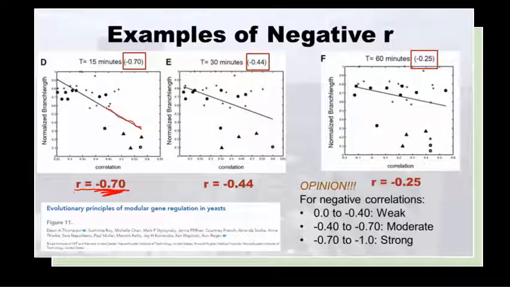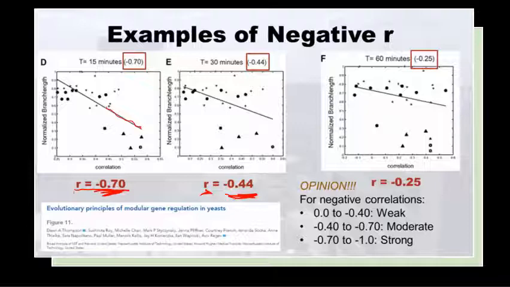Now look at E, okay? They calculated R to be negative 0.44, okay? So negative 0.44. Look at the scatter of the dots. They're definitely further away from the first one, from D. So if you compare them to D, they're definitely further away, but they're still going the same direction, okay?